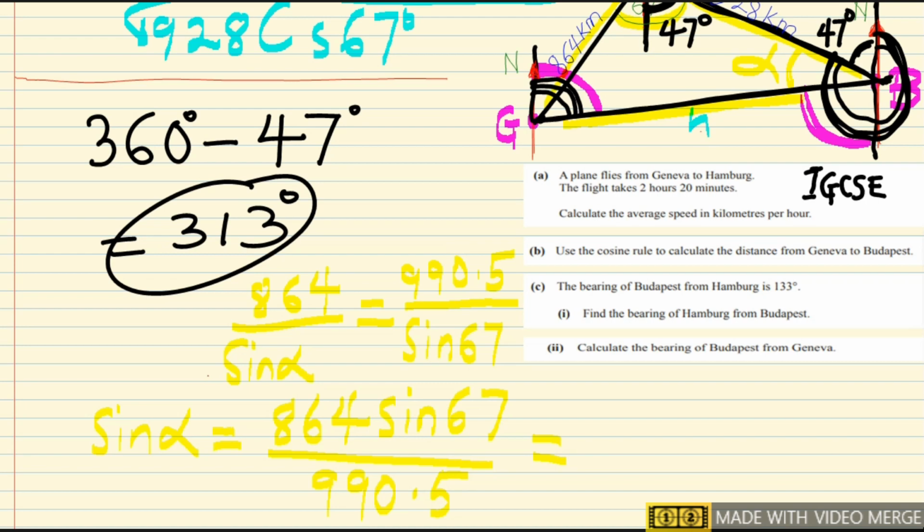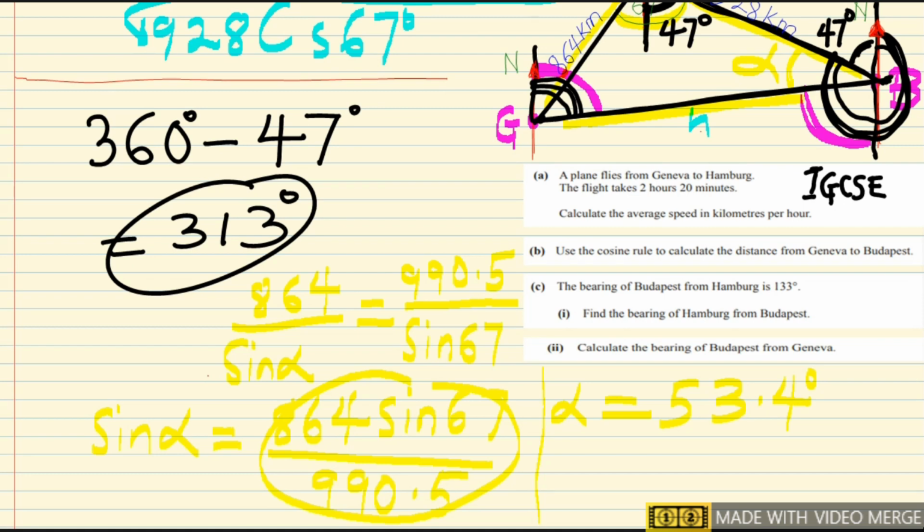Let's write the answer at once. Sine alpha itself is equal to, taking the inverse sine of all this, we've got that alpha will be equal to 53.4 degrees. Make sure you try it and get it yourself.